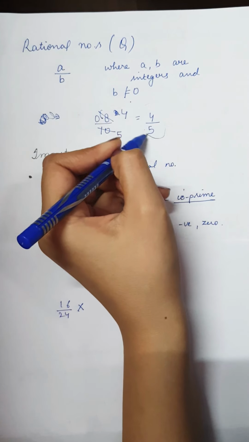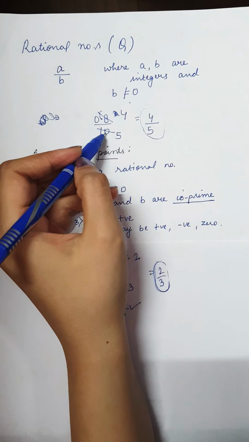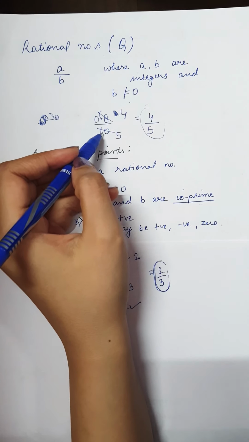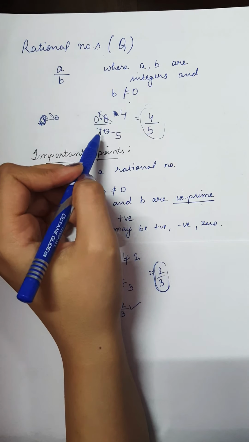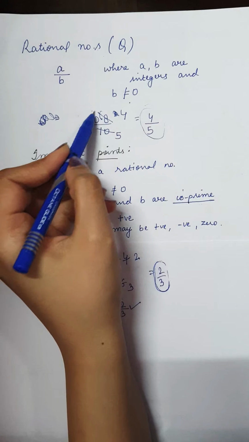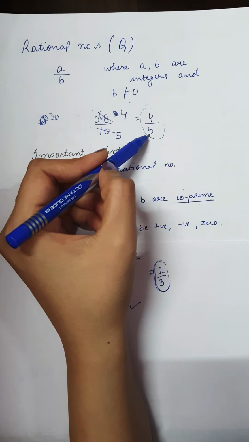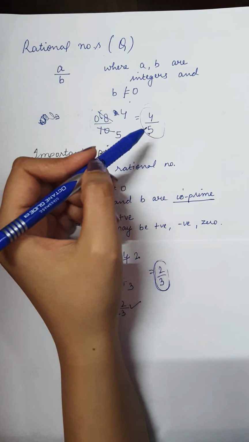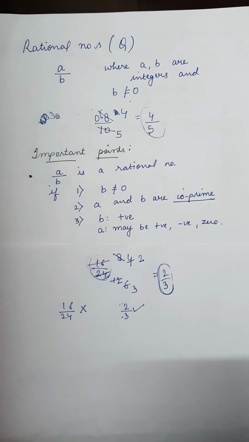So 4 by 5 is a rational number. 8 by 10 is not a rational number. So every time you are going to express your answer for rational numbers, you need to check you are not leaving your answer this way. You have to reduce it to the most simplest fraction where the common factors are going to be 1 for both the numerators and denominators.